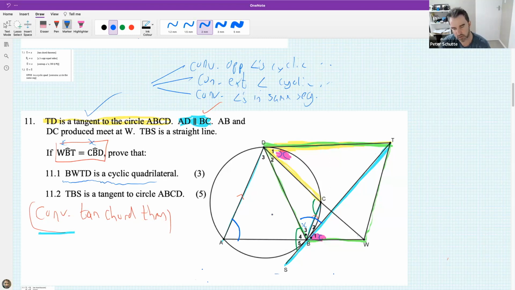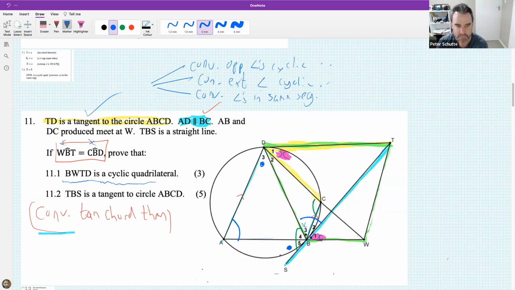Can you follow my logic there? It's like we have the tangent. Or maybe I could show that this one over here is equal to that one over there. That would also do it because there's the line, there's the chord. So any of those are possible. See what you can find.